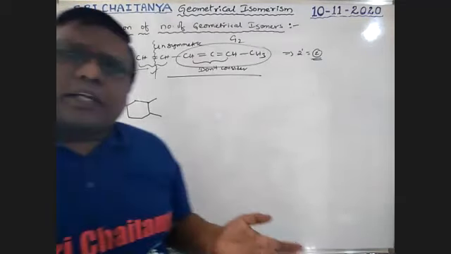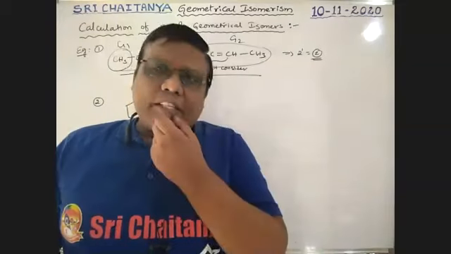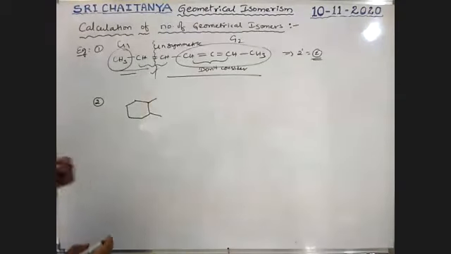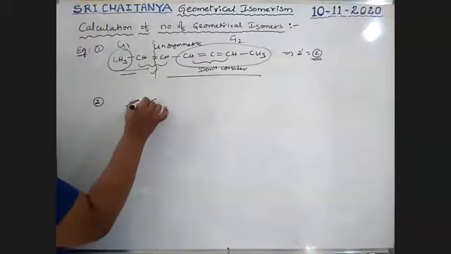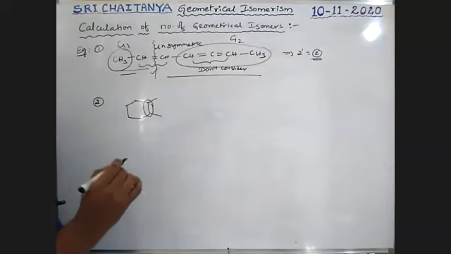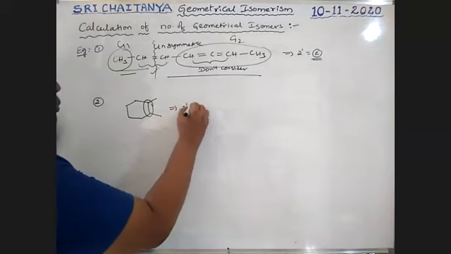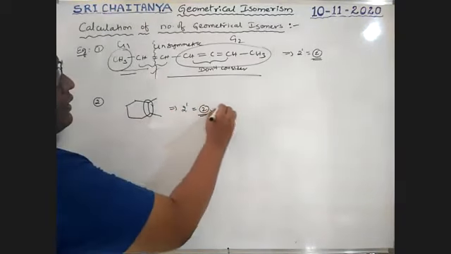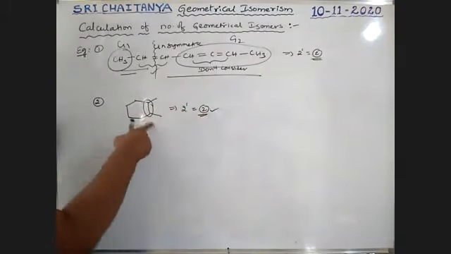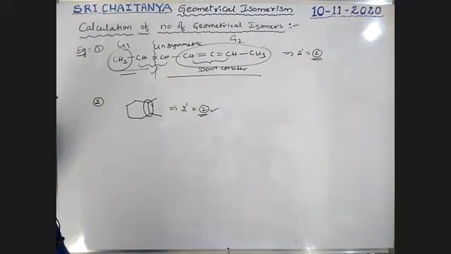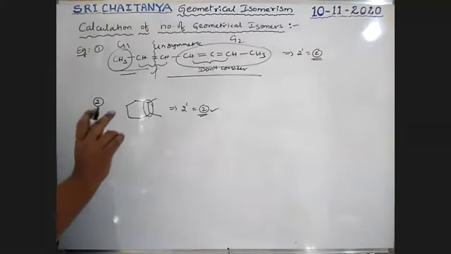So cycloalkanes can also show geometrical isomerism, in a ring situation. So here, cis and trans, I am taking the double bond like that. Therefore, in this case, 2 power 1, that is 2, is the answer. That is, it has a cis isomer and also has a trans isomer. Next, ring also has C double bond C.